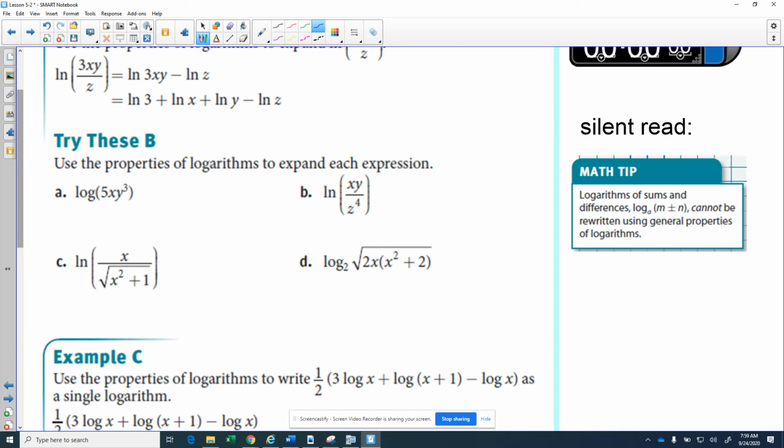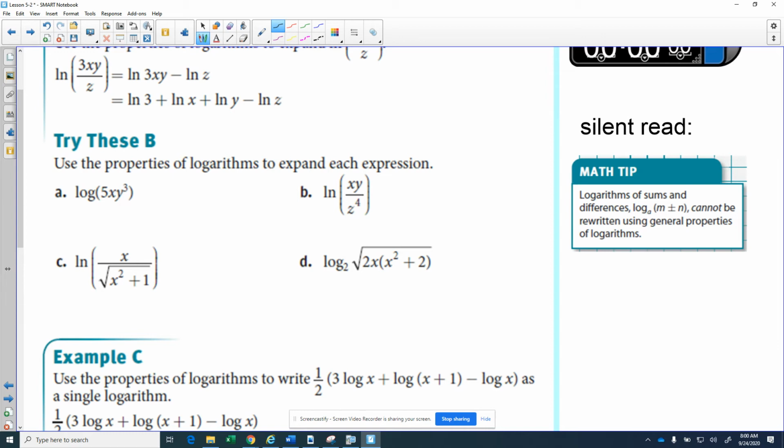So if I look at these, try these B, what they want me to do is expand this expression. So basically, I got to take this log 5x y to the third and expand it out. Well, really, all I want to do is try to think about my properties. When I first look at this first one, I'm basically saying, well, 5, x, and y are all being multiplied by one another, right? This is 5 times x times y cubed.